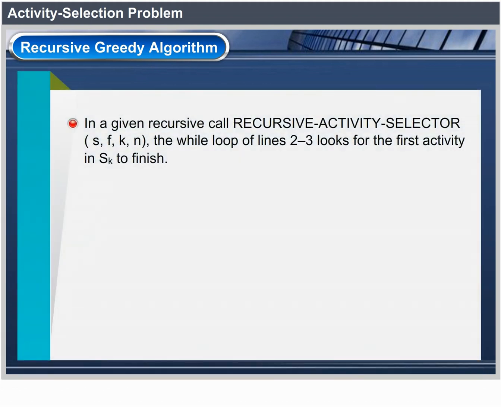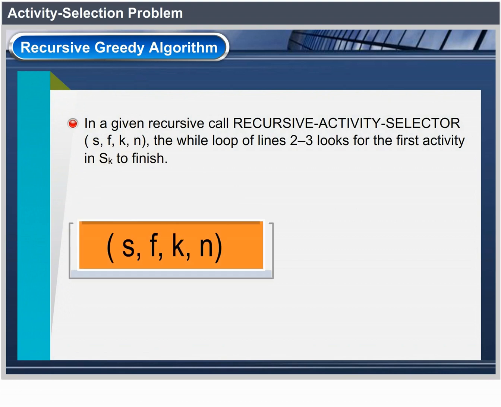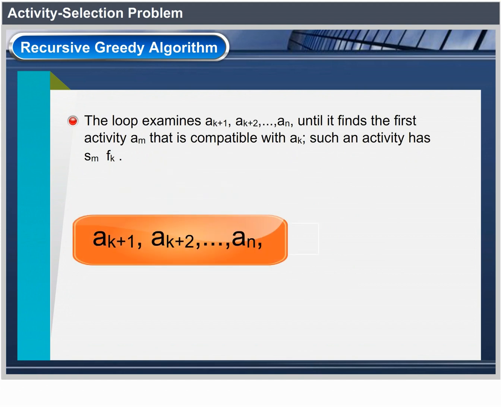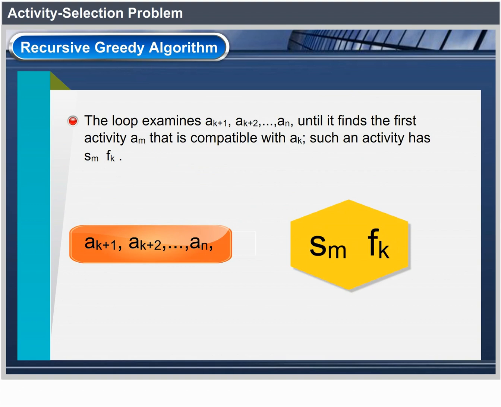In a given recursive call, recursive activity selector S, F, k, n, the while loop of lines 2 to 3 looks for the first activity in Sk to finish. The loop examines Ak+1 up to An until it finds the first activity Am that is compatible with Ak. Such an activity has Sm greater than or equal to Fk.